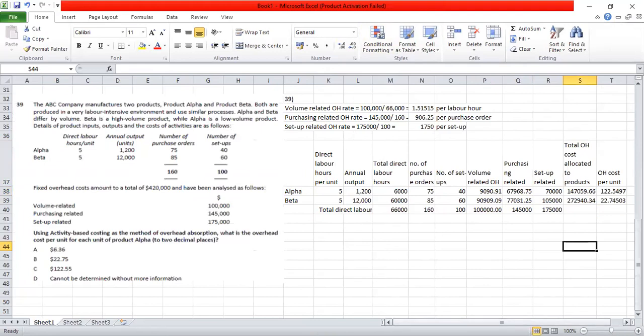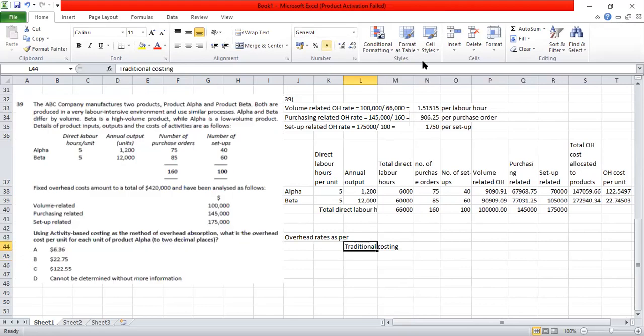Okay, so this is what we see. Now the question we will discuss here is on a comparative note: what is the overhead rate as per traditional costing, and as per ABC, for alpha and then for beta.